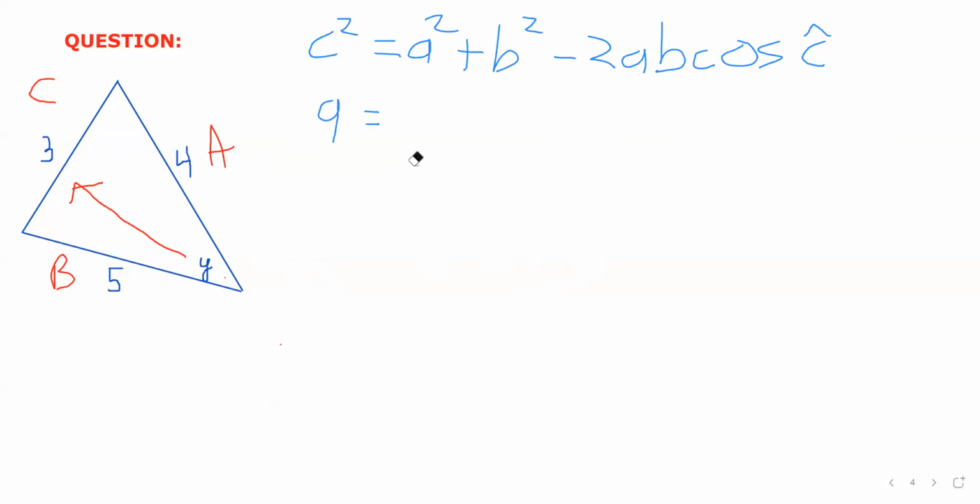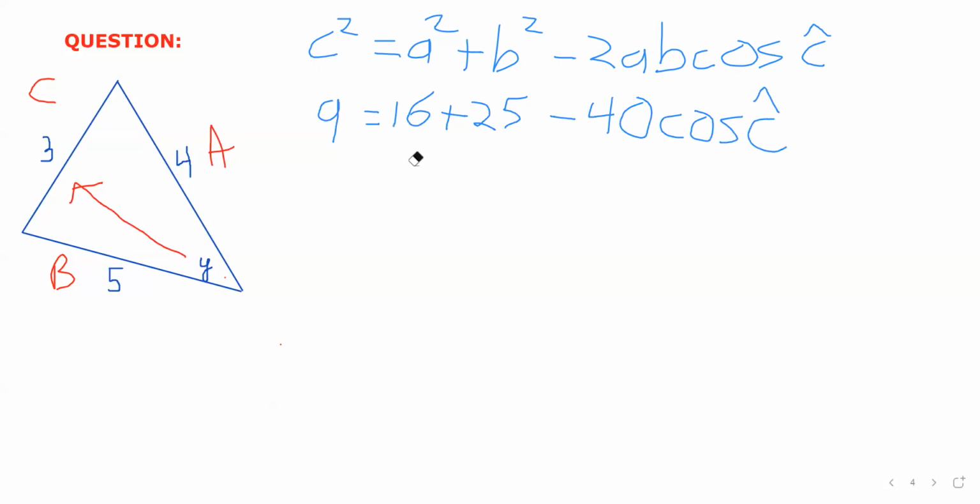A is 4, so 4 squared is 16, plus B is 5, so 5 squared is 25. Minus 2 multiplied by A multiplied by B, that's 40. So minus 40 cos the angle at C.